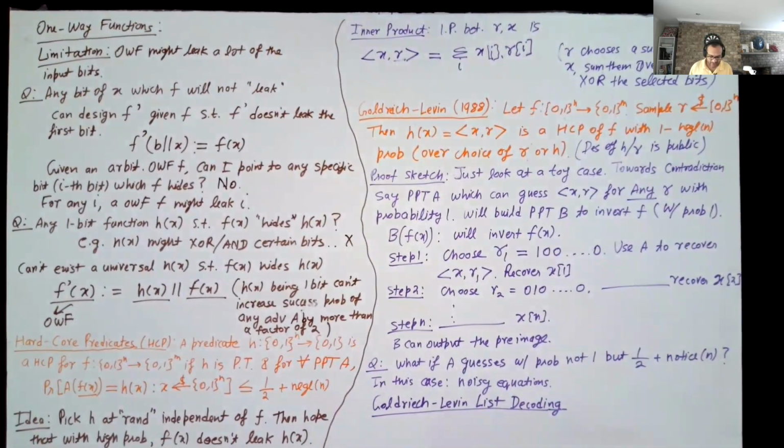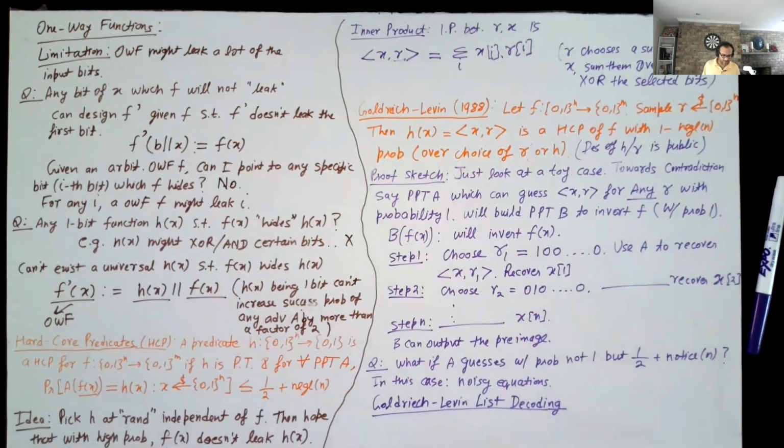And this is not something which we can cover right now. So essentially what we have been able to do now is that given any one-way function, I can choose a hardcore predicate h such that h of x is essentially uniform given the output of the one-way function.